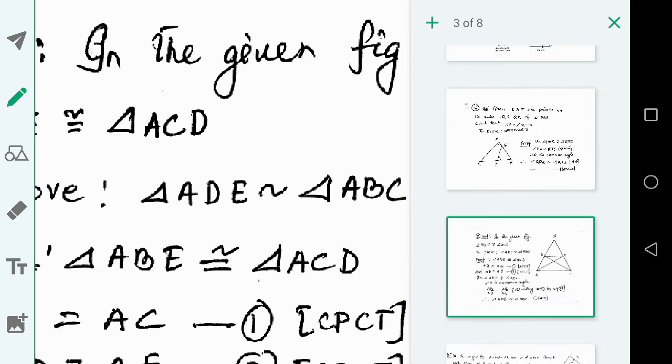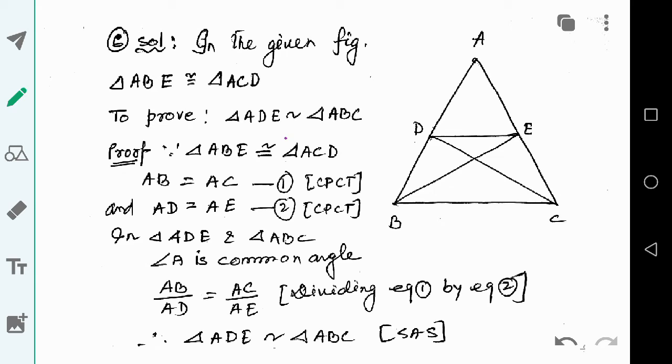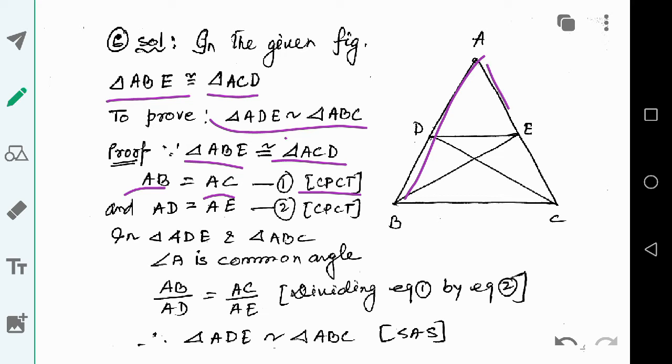So this is the solution of question number 6. Here it is given triangle ABE is congruent to triangle ACD. Now we need to prove these two triangles are similar. Since triangle ABE is congruent to ACD, AB must be equal to AC by CPCT. We know corresponding parts of congruent triangles are equal, so we have AB equal to AC.